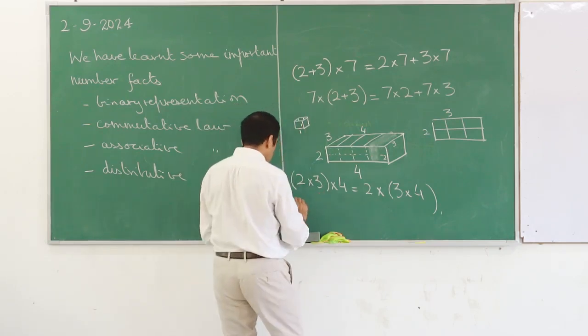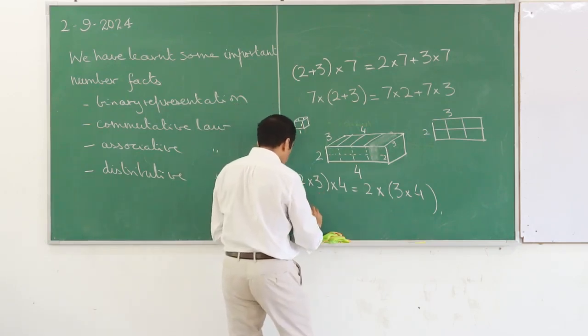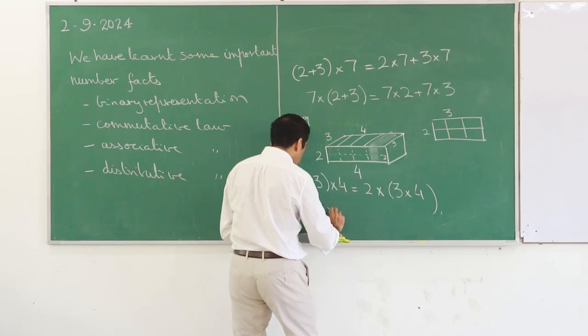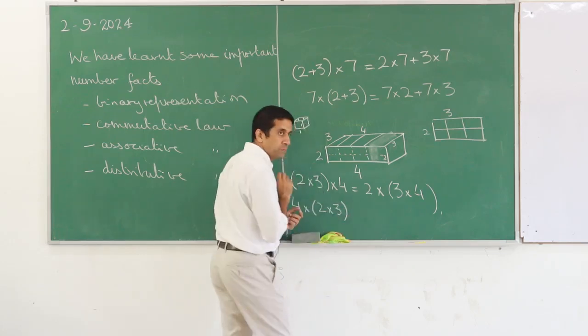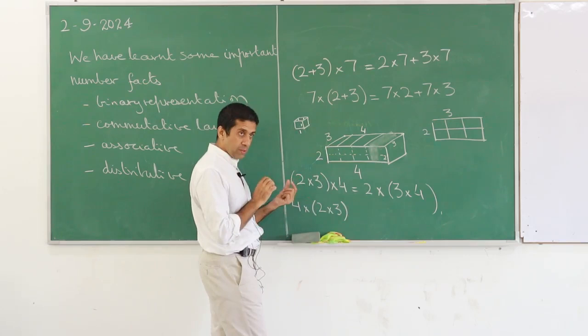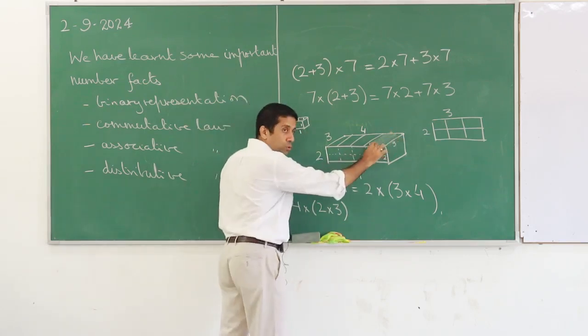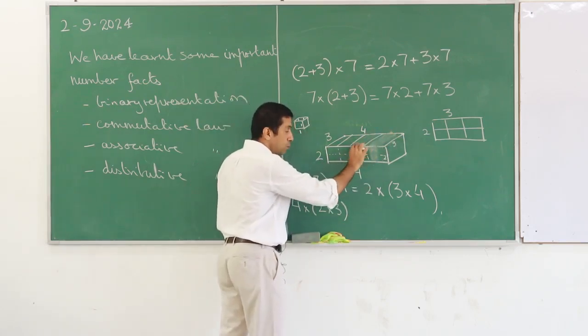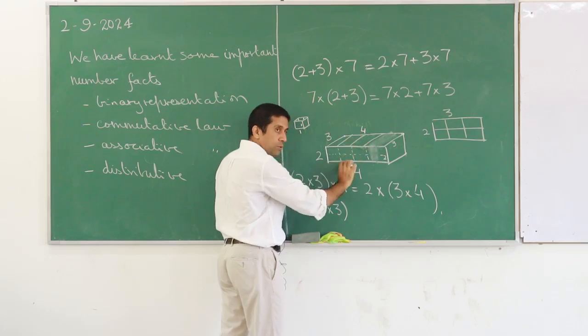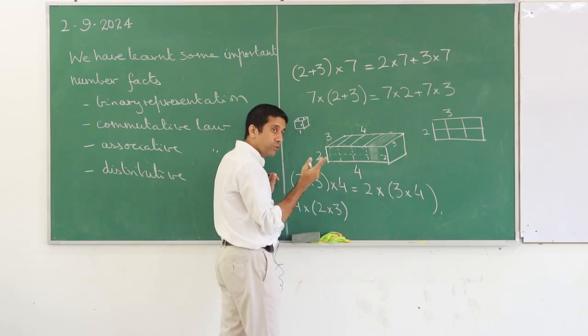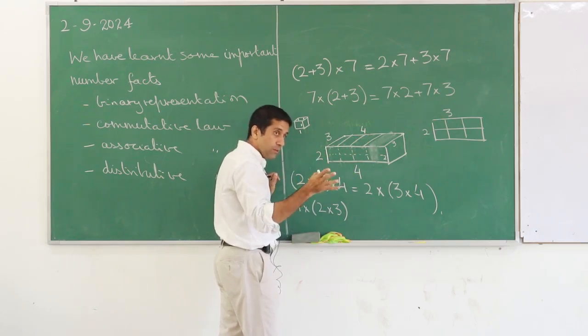अगर मैं इसको equivalently 4 2 3s लिख दूँ. So do you see 4 2 3s? There's 1 2 3, there's another 2 3, there's another 2 3, and there's another 2 3. So there are 4 2 3s. Yes or no?